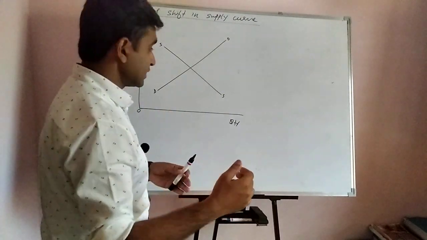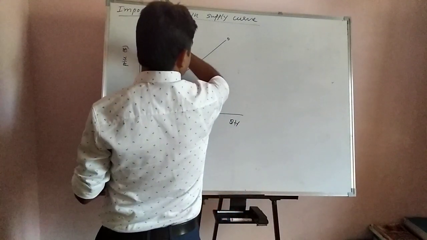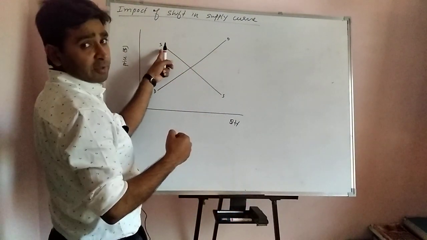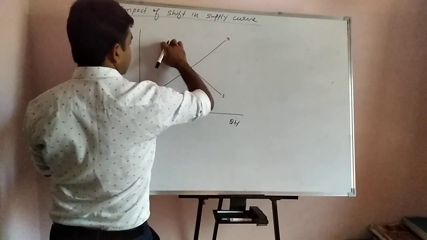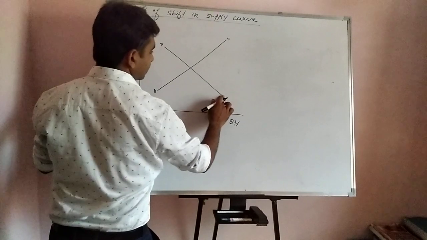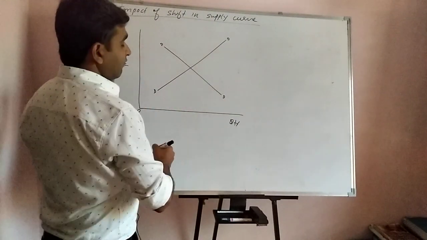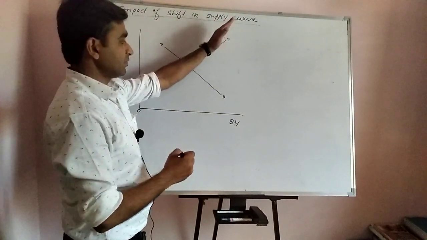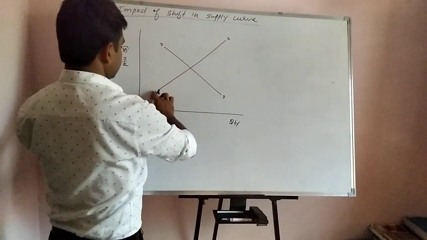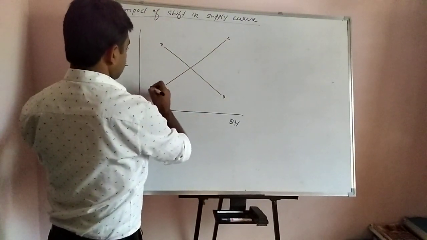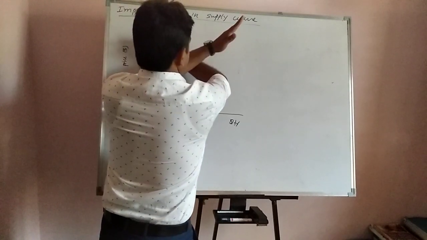In the last video also, this right hand is always the demand curve. So the right hand is always the demand curve, so let's erase this and write demand curve. And the left hand is always the supply curve, so erase this and write supply curve.